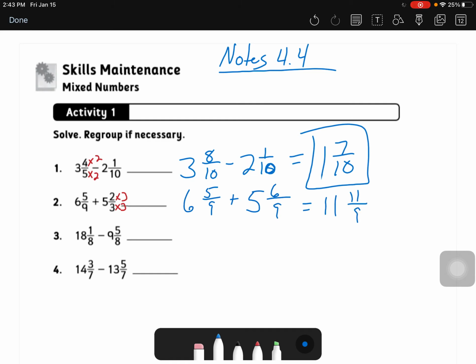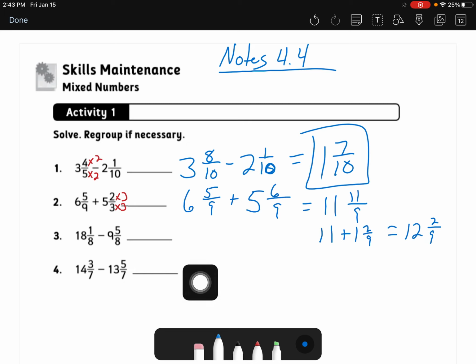And so 11 and 11/9. Now remember, I can't leave an improper fraction in our mixed number. So if I take 11 divided by 9, I get 1 and 2/9. And so I'm going to add those together for my answer, and I'll get 12 and 2/9. Okay, so we had to convert that to 1 and 2/9.